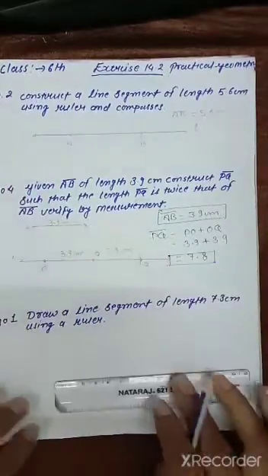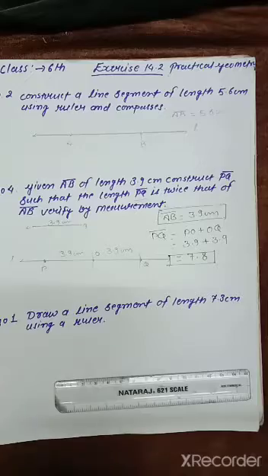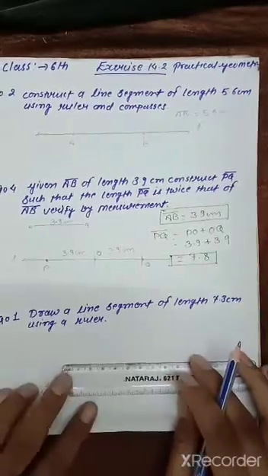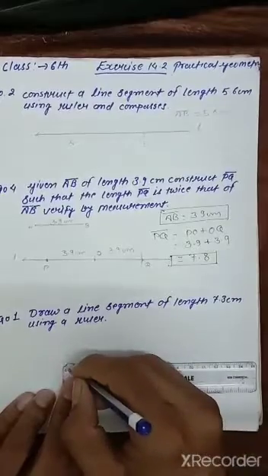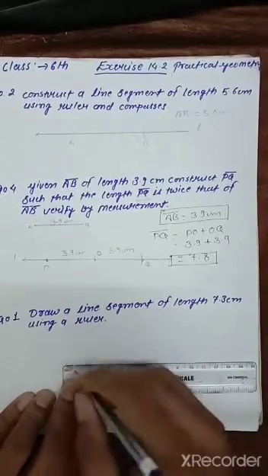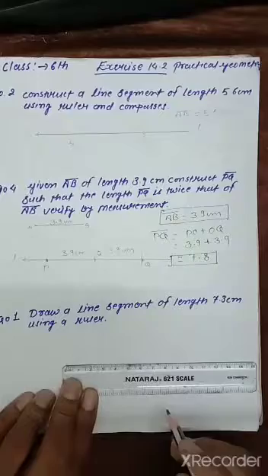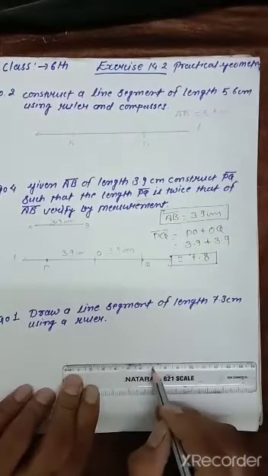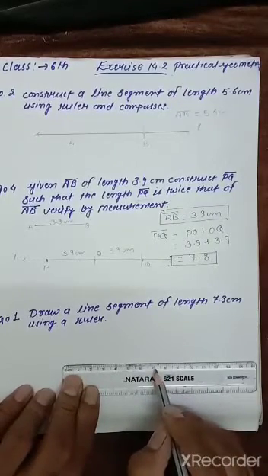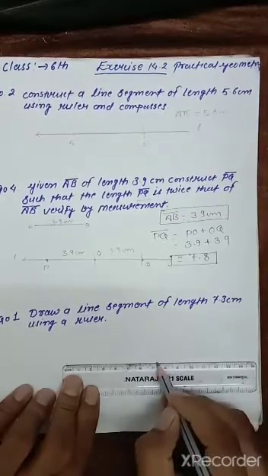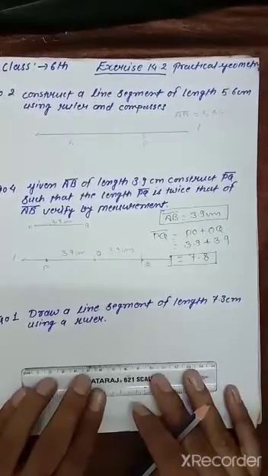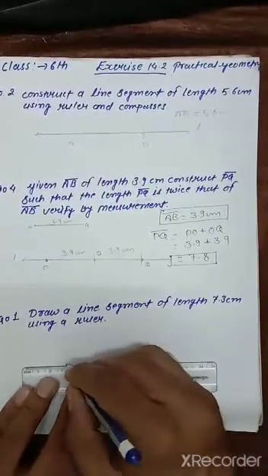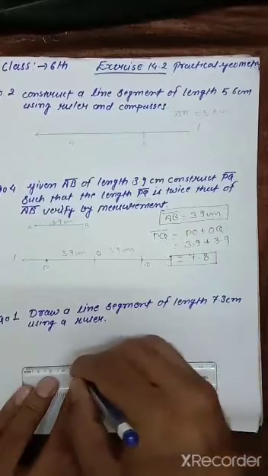So if you want to draw a line segment of length 7.3 centimeter, we start from this point 0 till 7.3. This is 7, and these small marks are 7.1, 7.2 and 7.3. So till here it will be. Now easily draw the line with the help of the ruler.